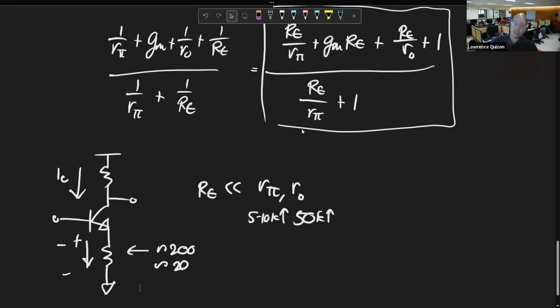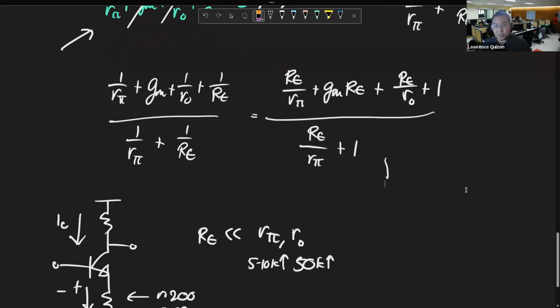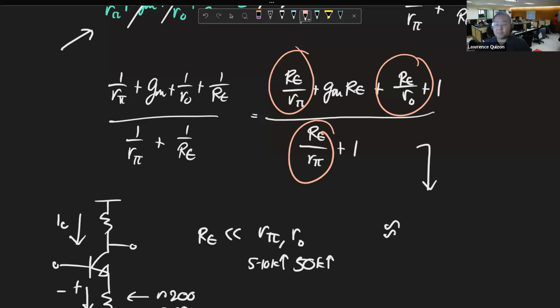And it will make it pretty. Why? Because with that assumption, we can eliminate this part, and this part. RE is much less than R pi, so this is 0. RE is much less than R out, so this is 0. RE is much less than R pi, so that's also 0.